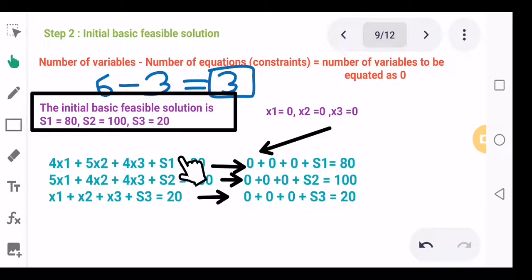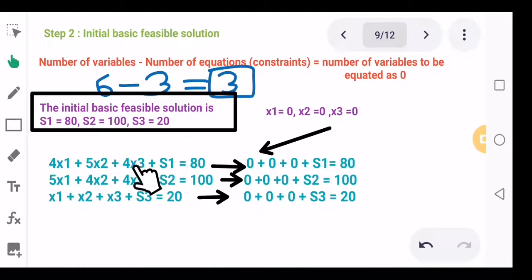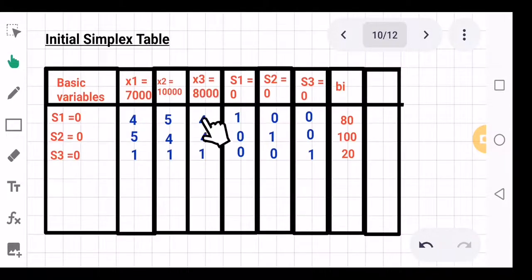I have not mentioned 0s2 and 0s3, but since those values have not been there, we can include them by putting 0 as the coefficient. So the coefficient of x1 is 4, the coefficient of x2 is 5, the coefficient of x3 is 4, the coefficient of s1 is 1, and s2 and s3 are not there in the first constraint.